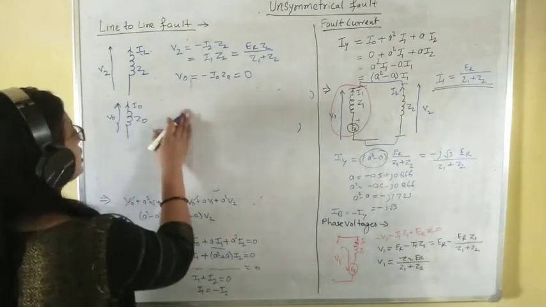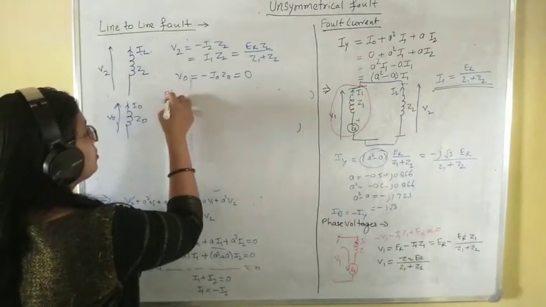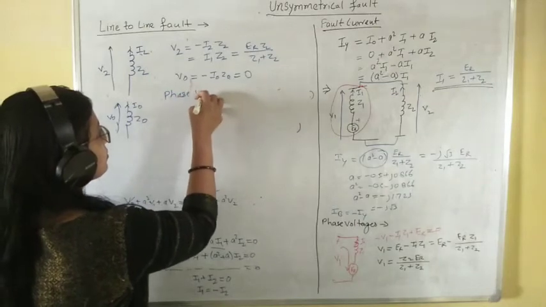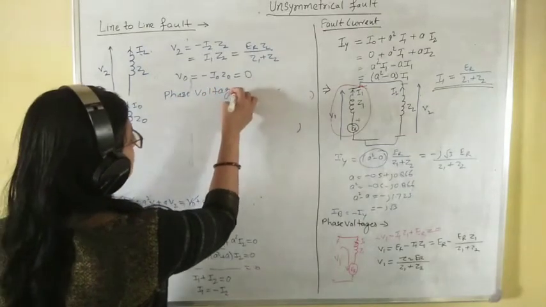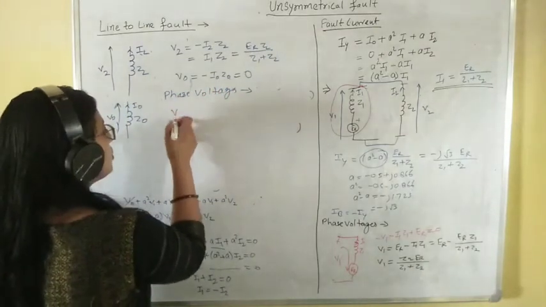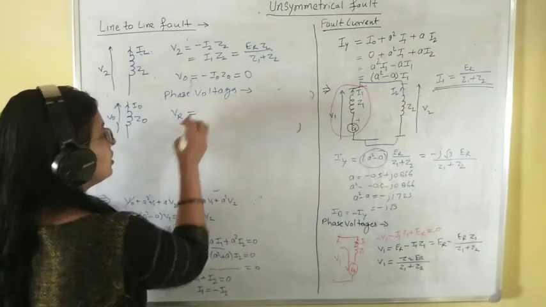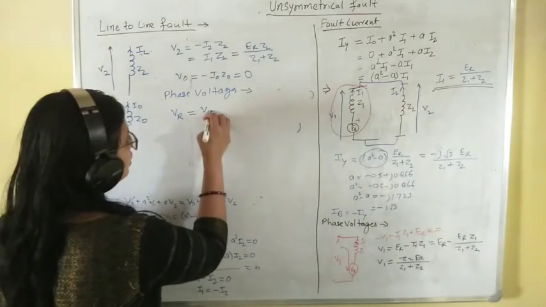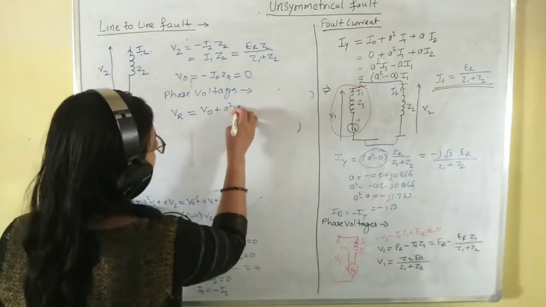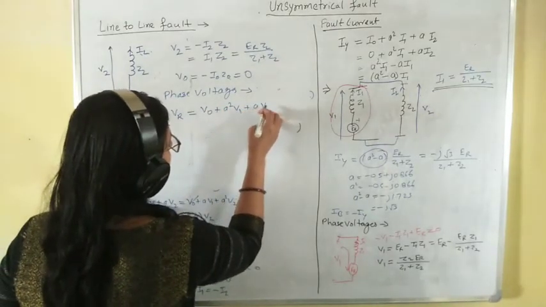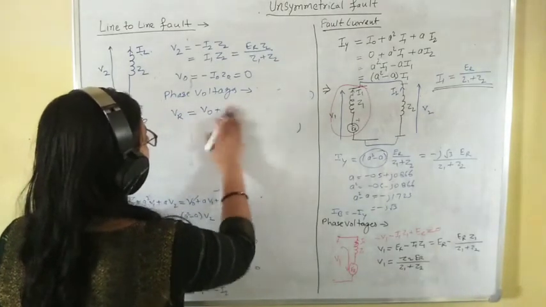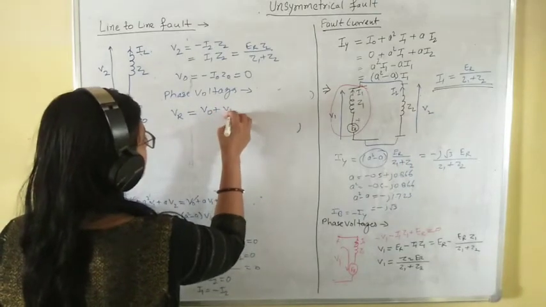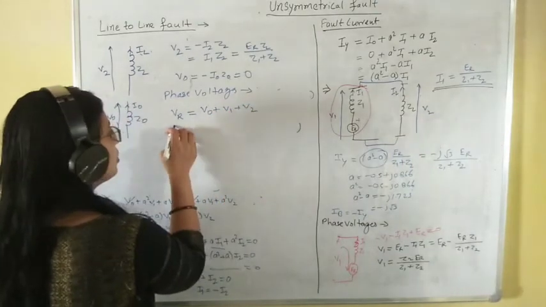Now come to the phase voltages. What will the phase voltages be? The first phase voltage is VR. That is V0 plus V1 plus V2.